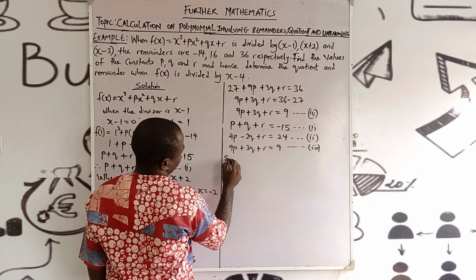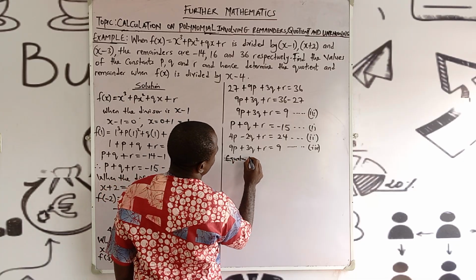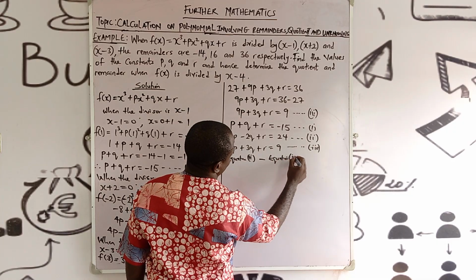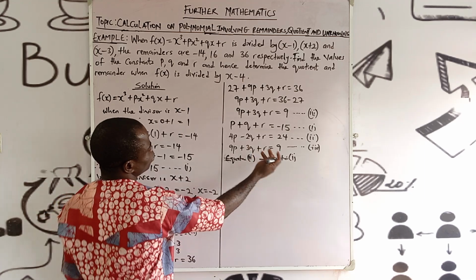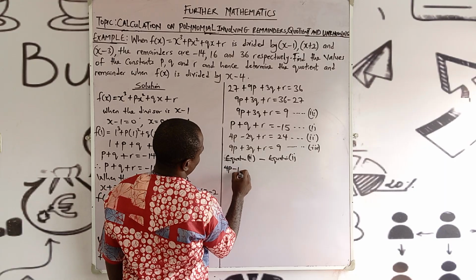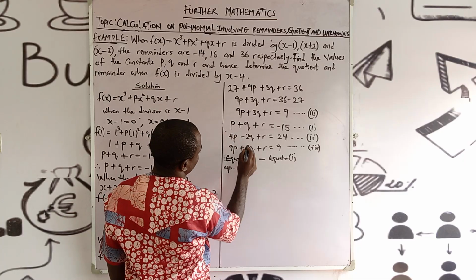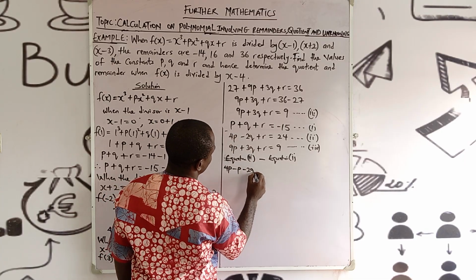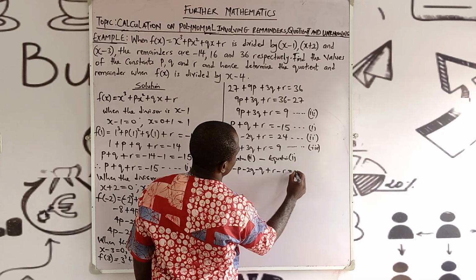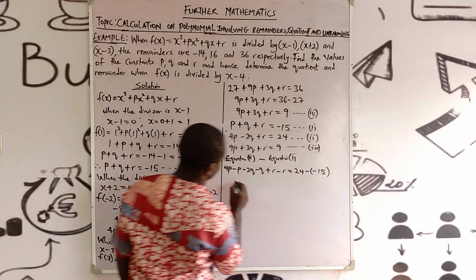Now let's subtract equation 1 from equation 2. 4p minus p. Then minus 2q minus q, plus r minus r, equals 24 minus 15.